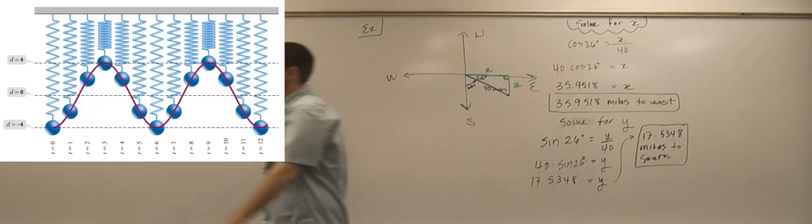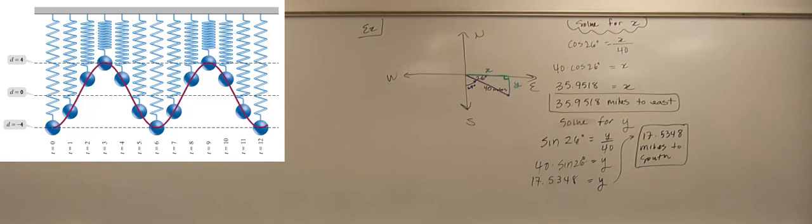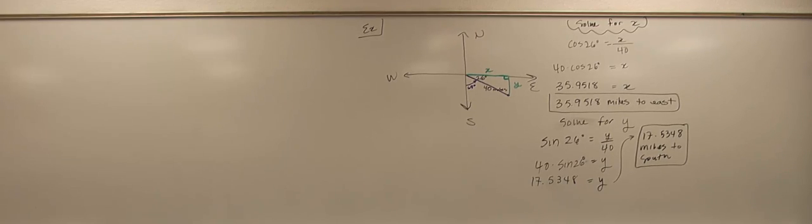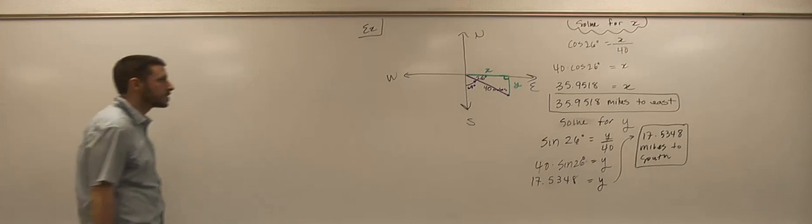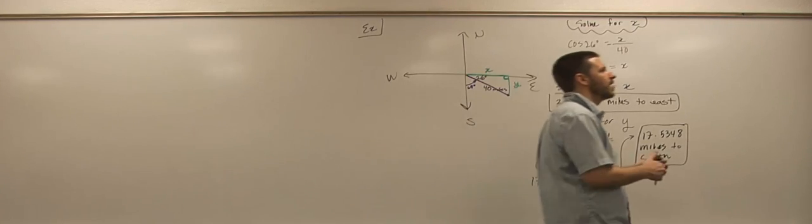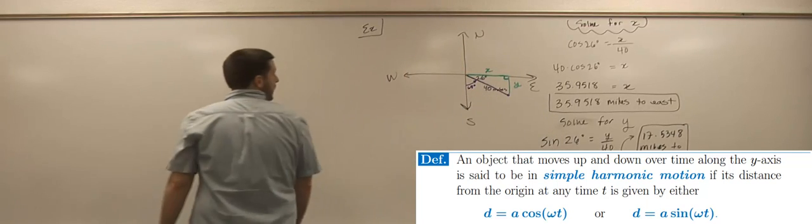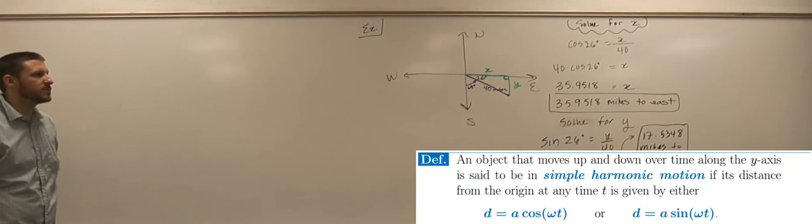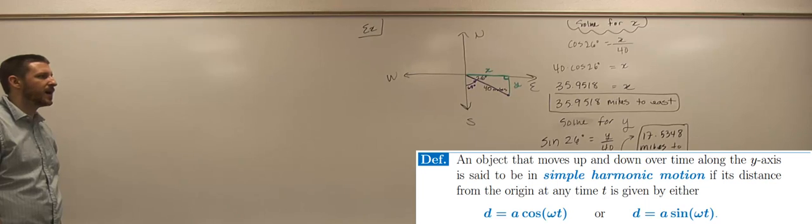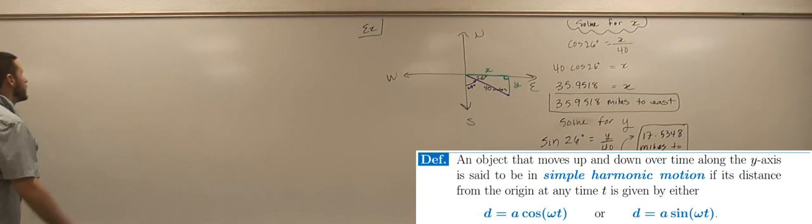Let me give you the formal vocabulary here. An object that moves up and down over time along the y-axis is said to be in simple harmonic motion if its distance from the origin at any time t is given by one of these formulas.